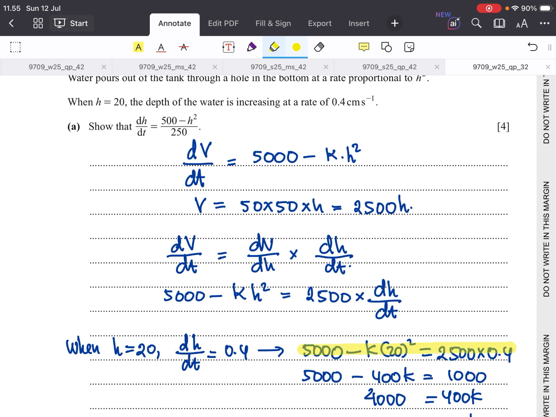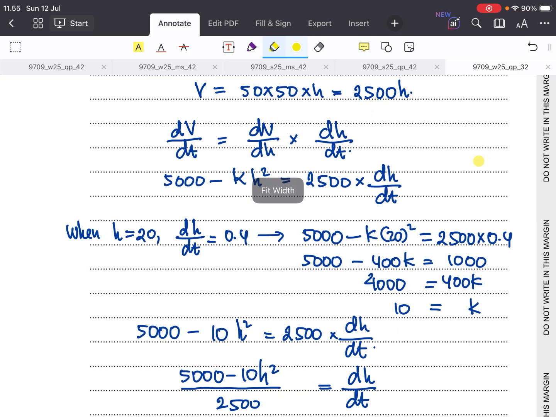So put those values in this equation. So 5,000 minus k times 20 square is equal to 2,500 times 0.4. So solving this equation, we can find the value of k is equal to 10. So k is equal to 10.